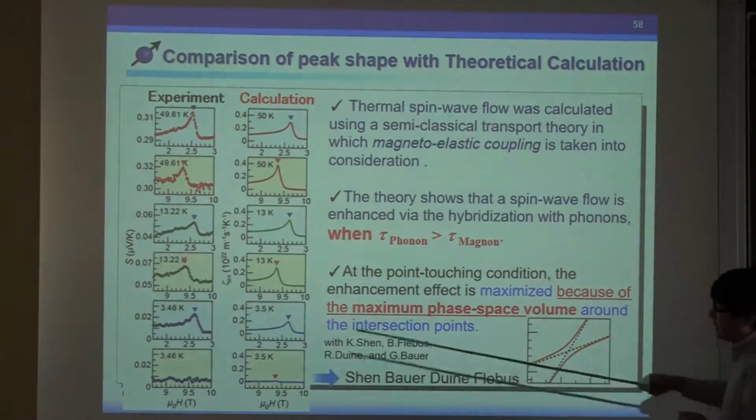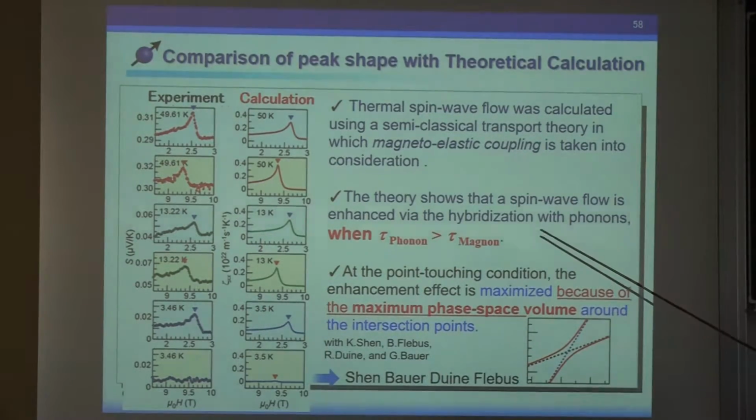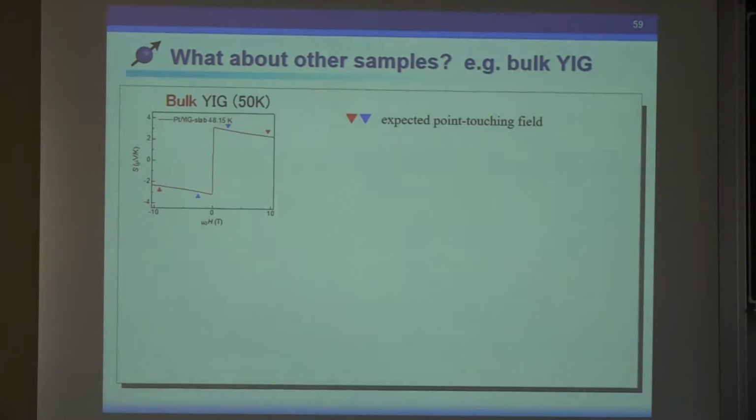So we assign this peak as a phonon-mediated enhancement of the spin Seebeck effect. This shows the spin Seebeck effect is enhanced via the hybridization with phonon, and this material satisfies this condition. Okay, so this is the phonon in a spin Seebeck effect.